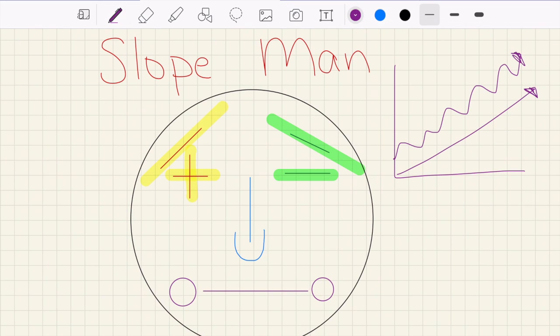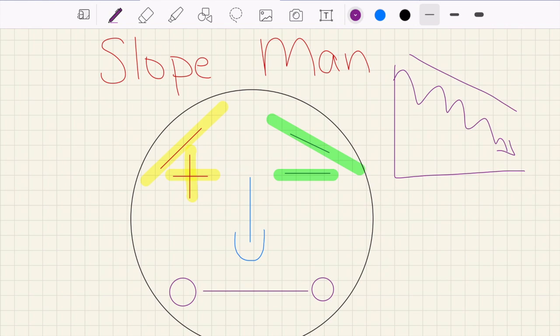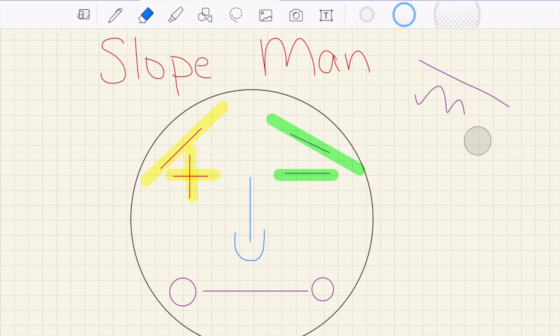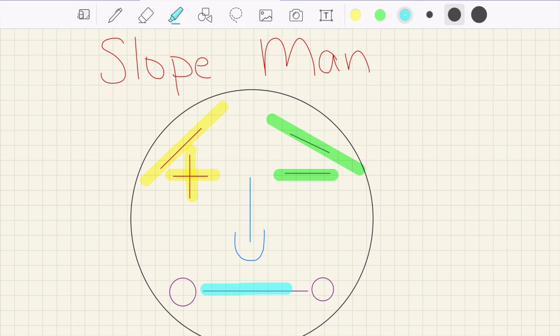If the opposite were true and a company was losing money over time, we'd see something like this, going down from left to right. That would be negative, like we're losing money. So that's how I like to think about positive and negative slope, just because it's easy to think about gaining or losing money.